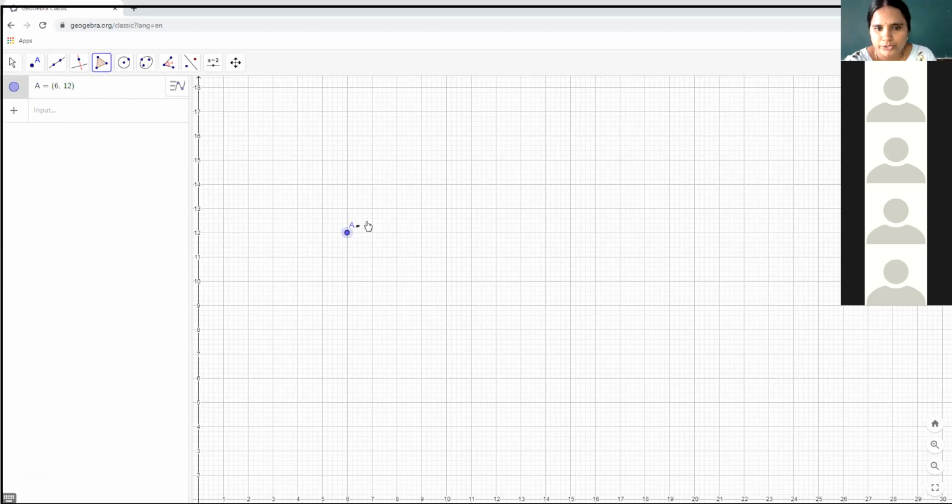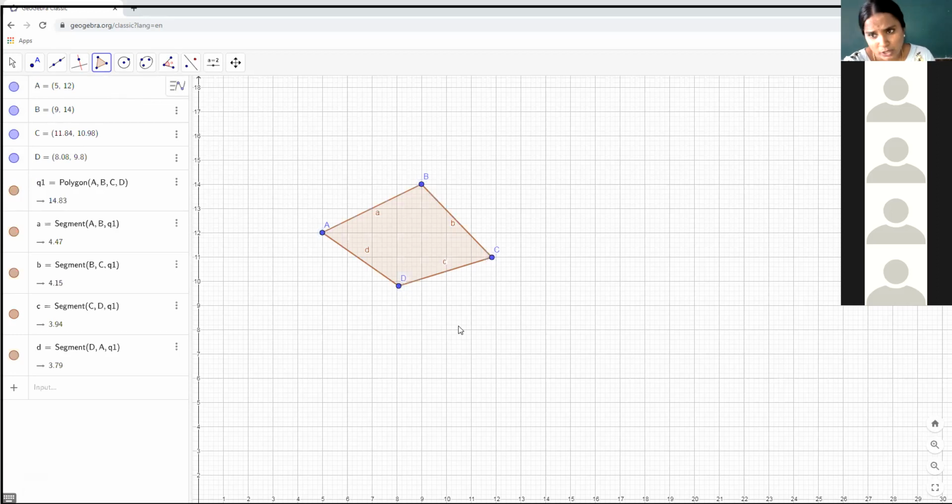So now I am going to draw a polygon for you. Is this a polygon or not? Yes, it is a polygon with 4 sides. Now I will try to draw another polygon also. I just wanted you to give me the difference between those two polygons.